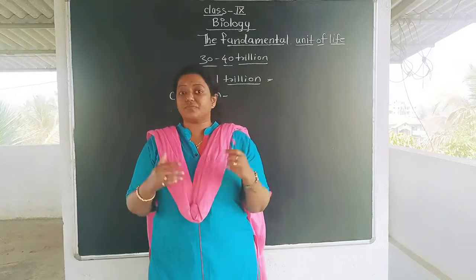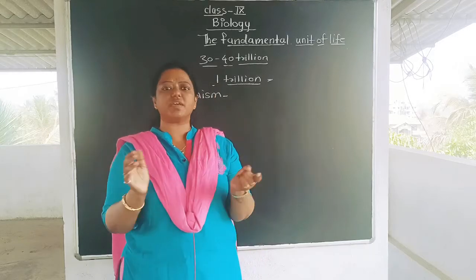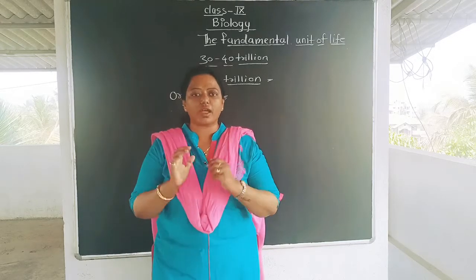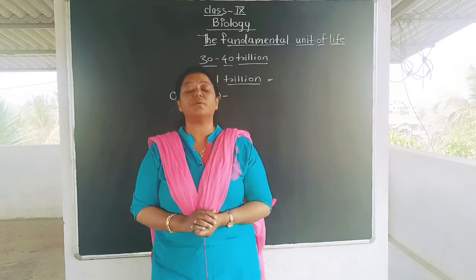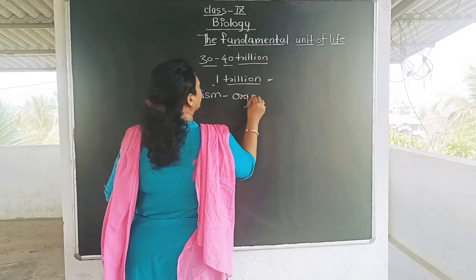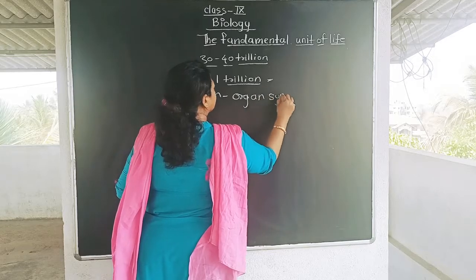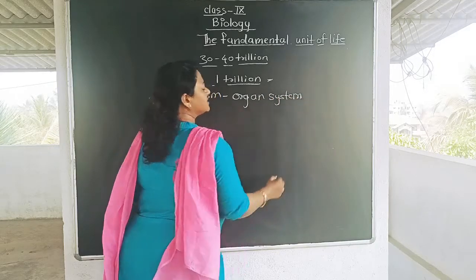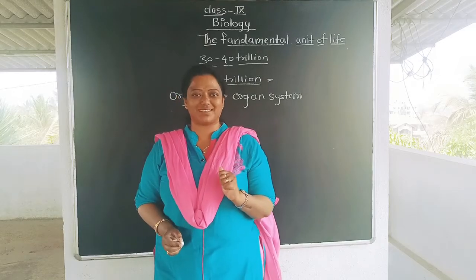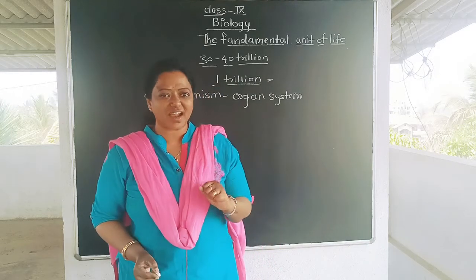If I am an organism, if you all are organisms, there are various organisms like animals and plants. All these organisms are made up of organ systems. What is meant by organ system? See, suppose I just had my breakfast. So now the digestion process has started, right?